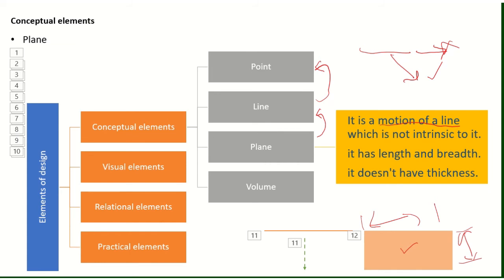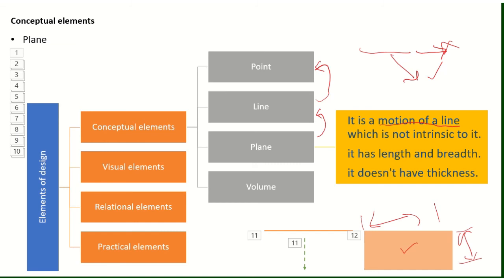So the representation of a plane is in terms of length and breadth. The second property is that it is the motion of a line which is not intrinsic to it. This way we can represent a plane with these properties.